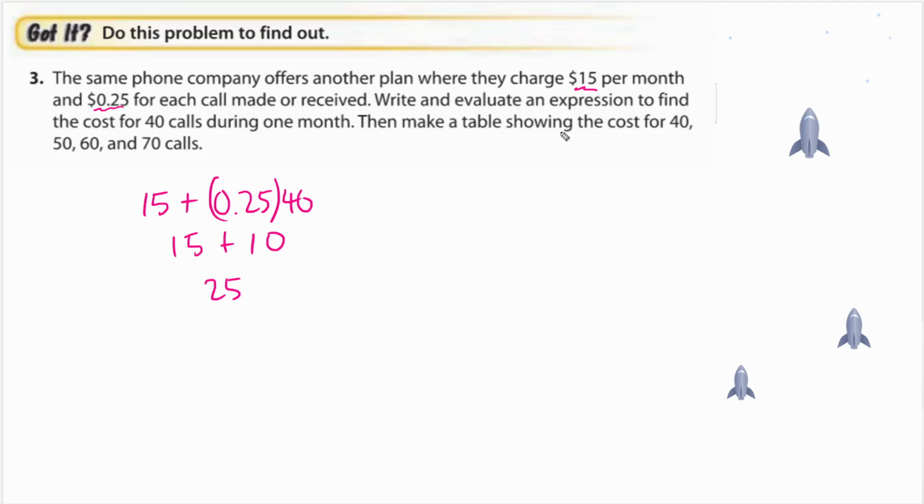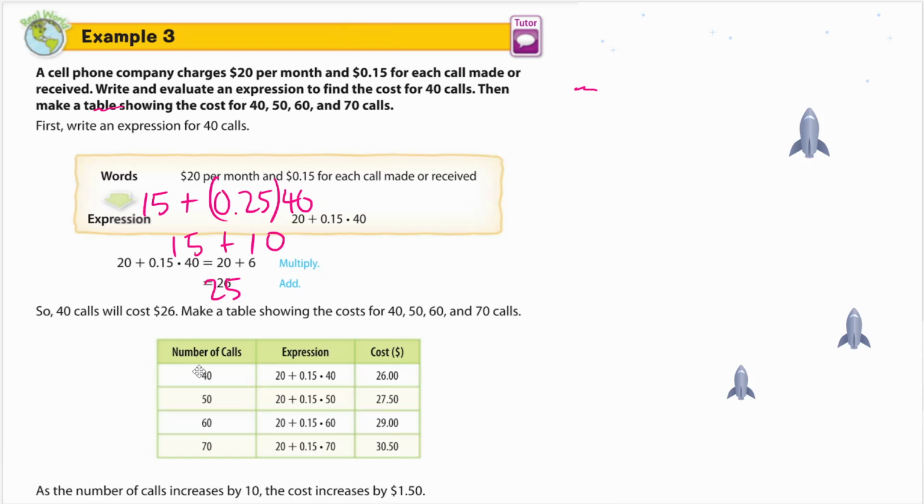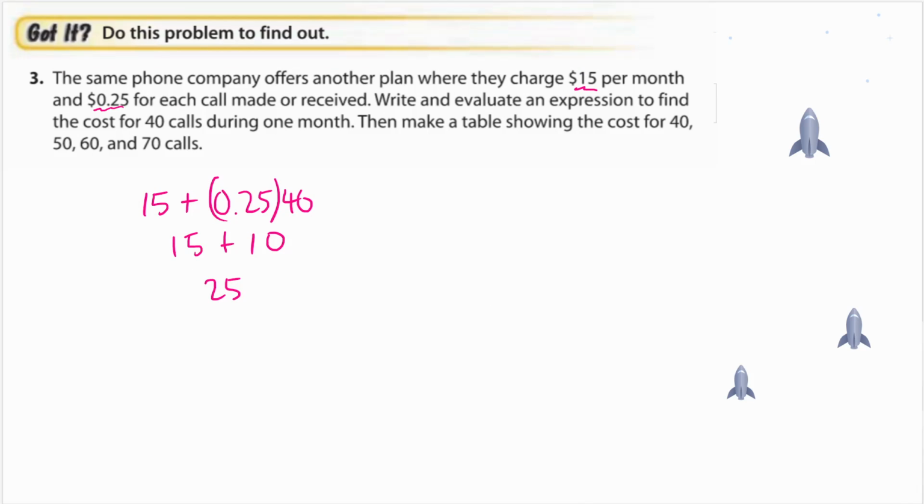Then it asks us to make a table showing the cost for 40, 50, 60, and 70 calls. So just like in the previous, we're going to make this table again. 40, 50, 60, 70. We're going to write our expression and then our final total cost. Let's do it. So number of calls, 40, 50, 60, 70.